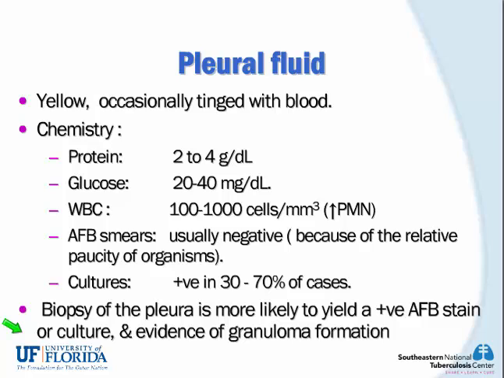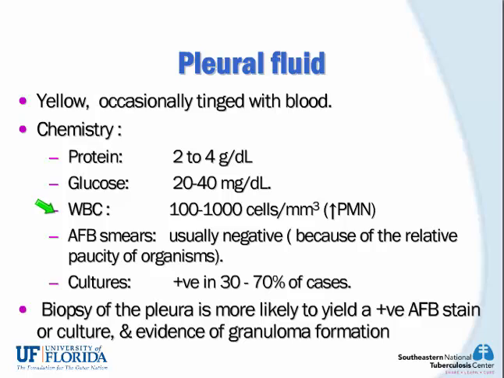What about pleural fluid? If the patient has a pleural effusion, usually the color can be yellow, or tinged with blood. The fluid has the characteristics of a mild exudate with slightly elevated protein, low sugar, and a slightly high white blood cell count.